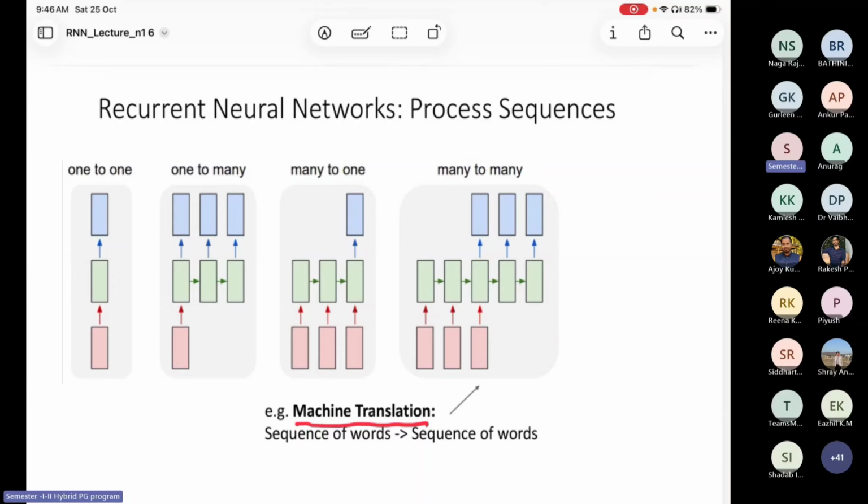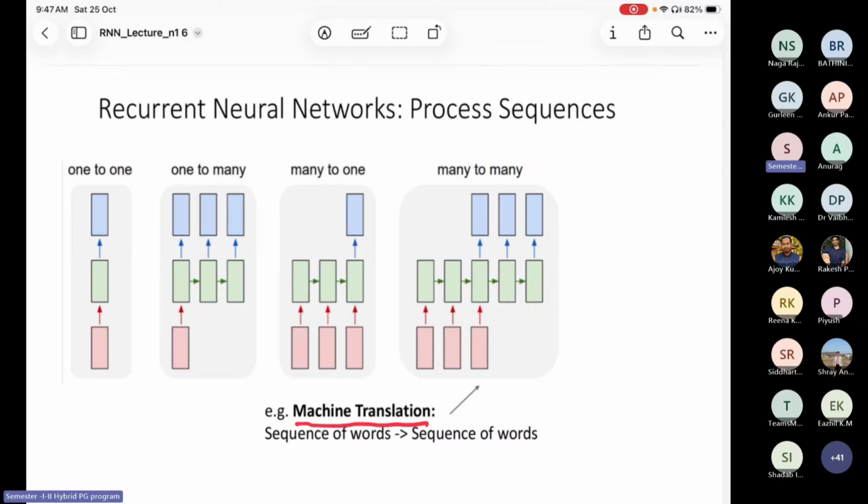Suppose you are translating from English to Tamil, or maybe Malayalam, or maybe Hindi. In that case, you will have the English sentence or paragraph, which is given to the model, and the model should translate it into the corresponding language.